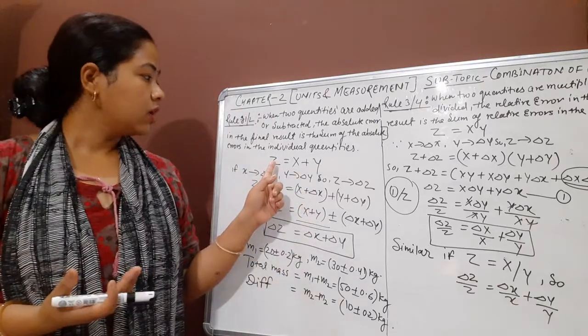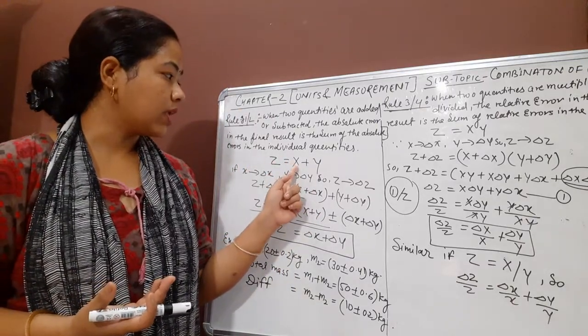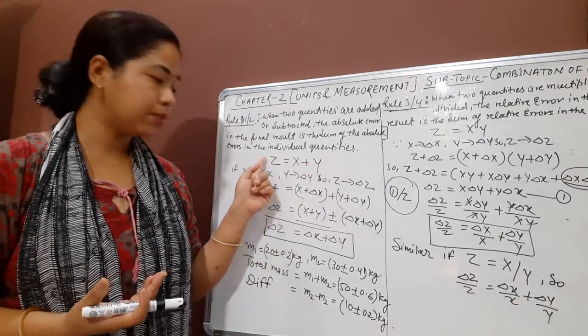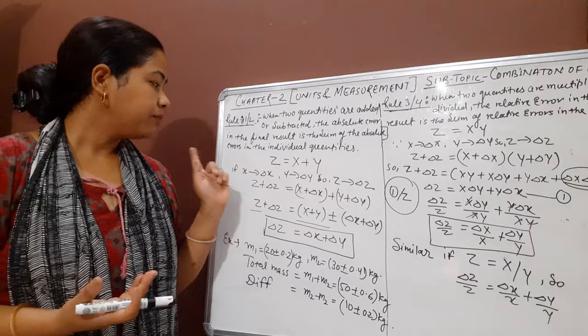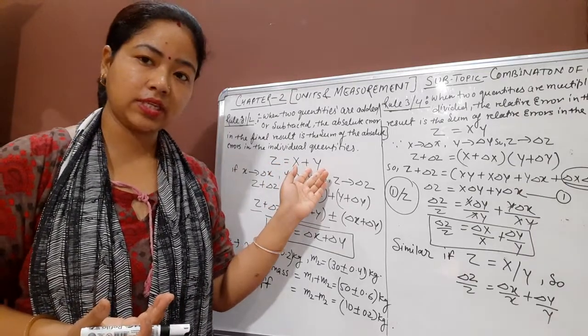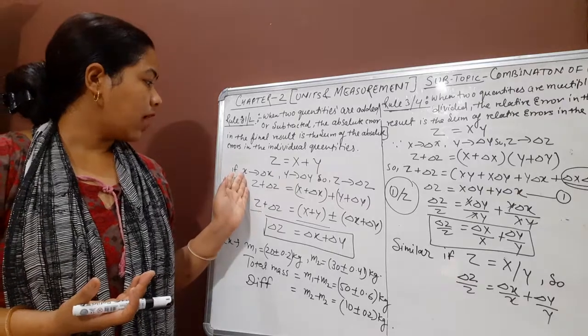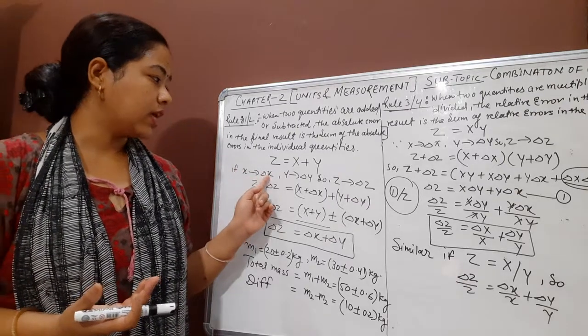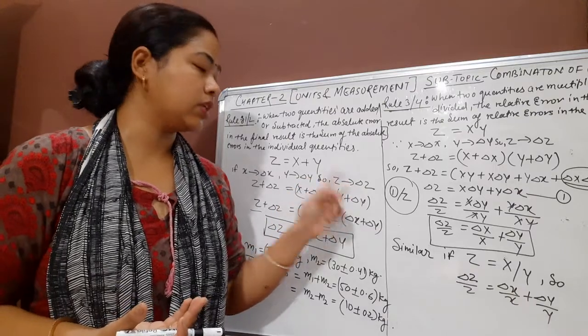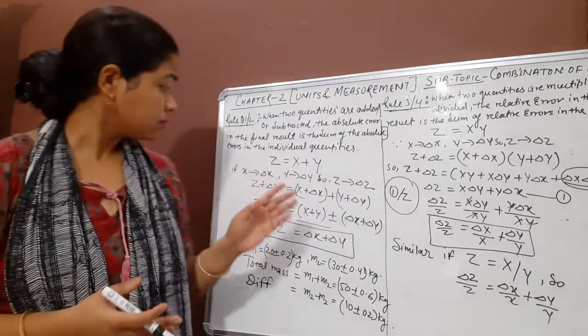Like if we add two quantities x and y and we get the final result, that is z. Suppose we get errors in these two quantities: the absolute error in x is delta x, the absolute error in y is delta y, and the absolute error in z is delta z.